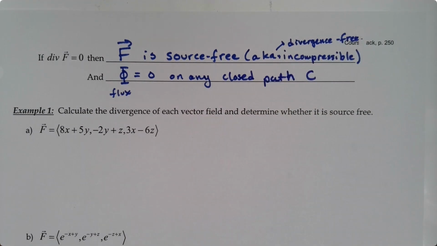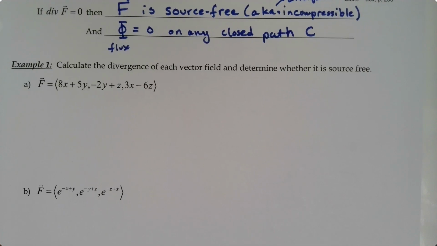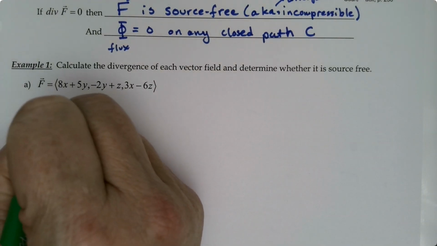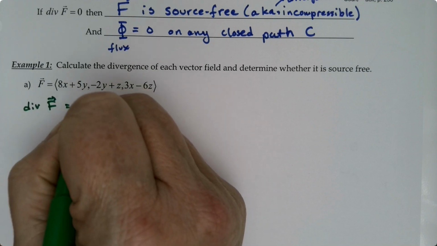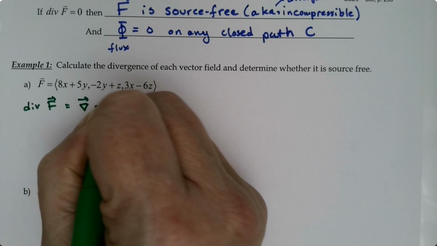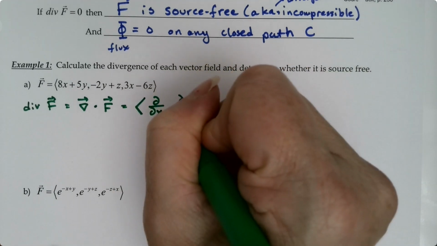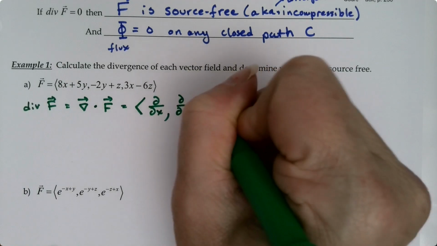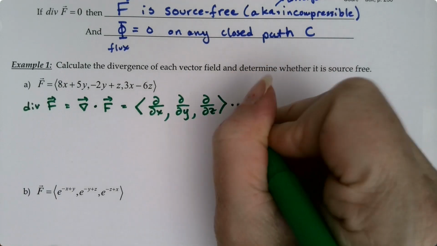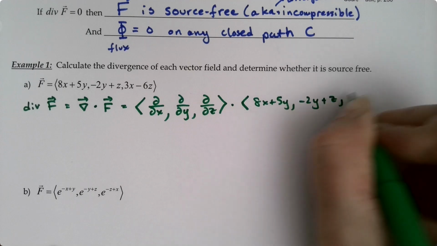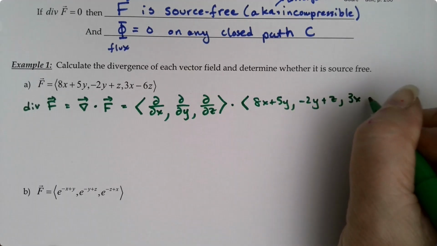All right, so let's practice. We're going to calculate the divergence of each vector field and determine whether or not it's source free. The divergence of f is equal to the del operator dot product with the vector field. So that would be partial x, partial y, partial z, dot product with 8x plus 5y, negative 2y plus z, 3x minus 6z.